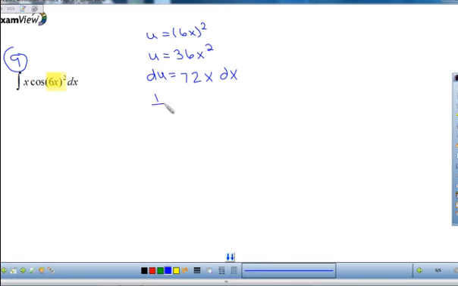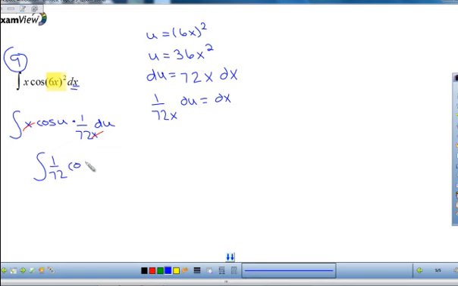Okay, so we're going to solve for dx, and we substitute everything back. So we're going to have x cosine of u, and instead of dx, we're going to have 1 over 72x du. So my x's cancel, and then that's 1 over 72 cosine of u du.